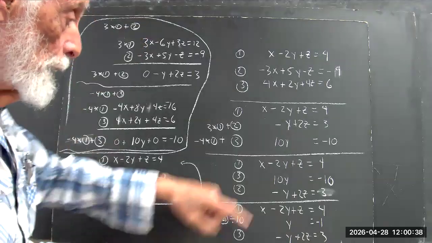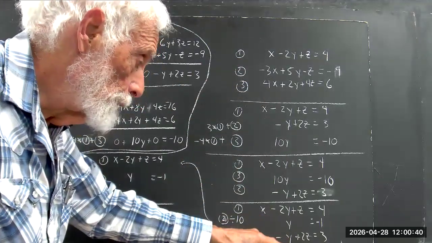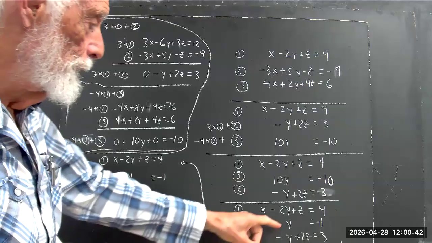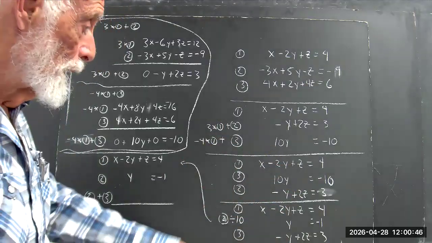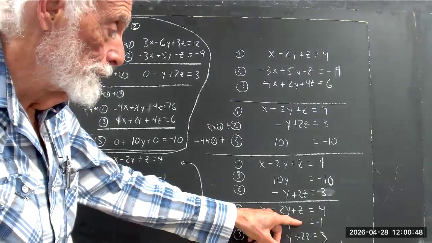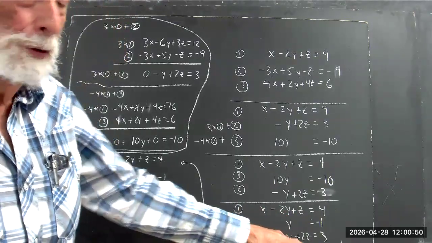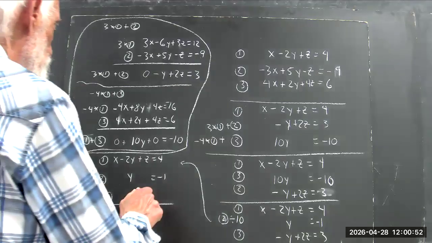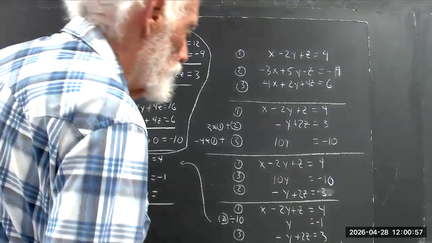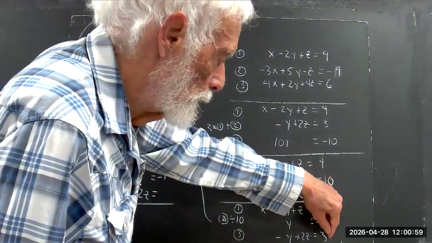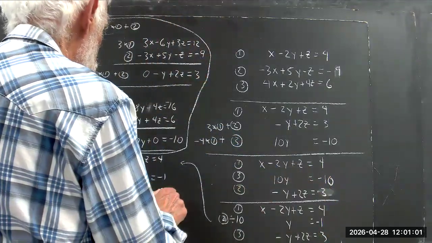All right. If we add the second equation to the third equation, we're going to have y and negative y, which gives us 0. We don't have any z here, so we have 0z. Add that to 2z, and you get 2z. And then on the right-hand side, you get negative 1 and 3, which is 2.